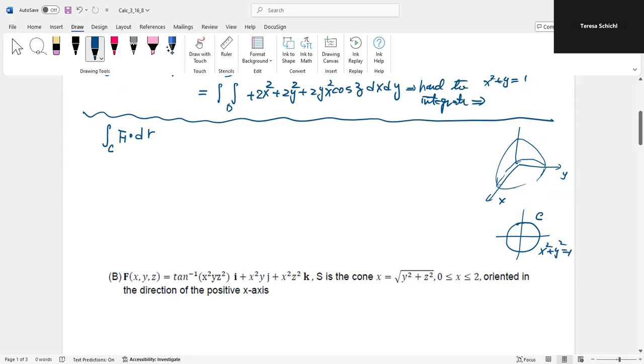What I can do now is use F dot dr. First, I recognize my C is this enclosed circle.